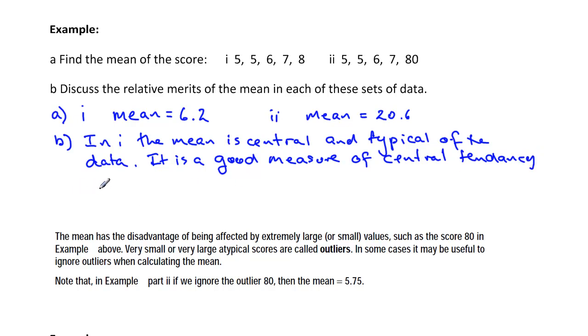All right, what about number 2? Well, in number 2, let's summarise what we've got here. First of all, 4 out of 5 of the scores are less than the mean.